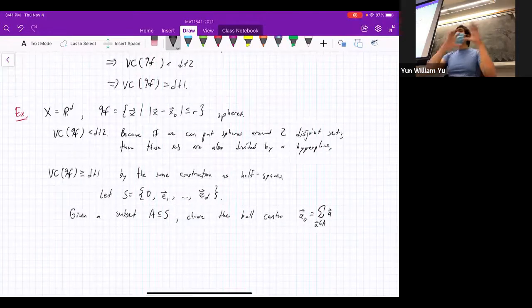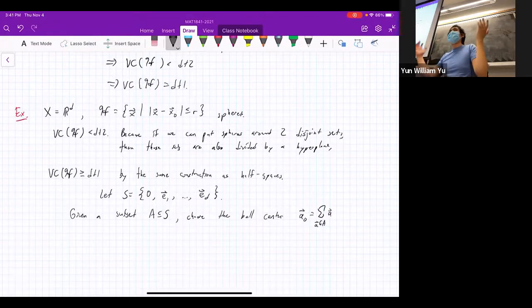So we're going to move the center up in the direction of all the points that are in our set. Remember, all the points in this particular set are in some canonical direction. They all increase away from the origin on some axis. So now we take all of those and put our center up there.